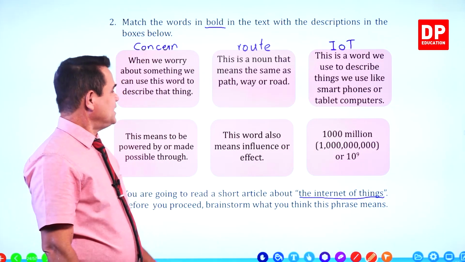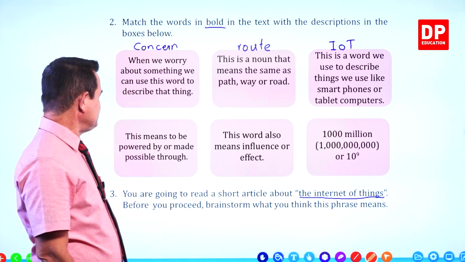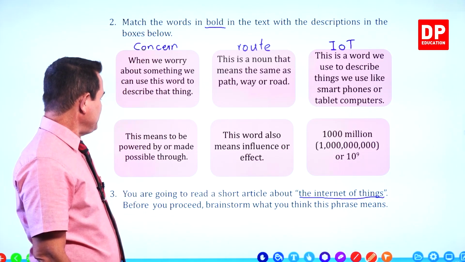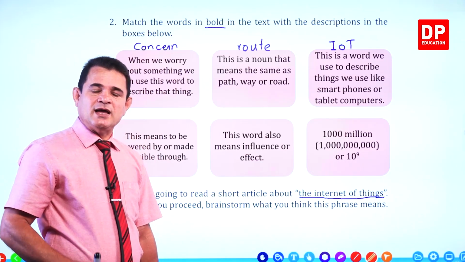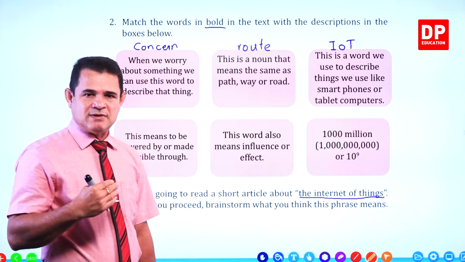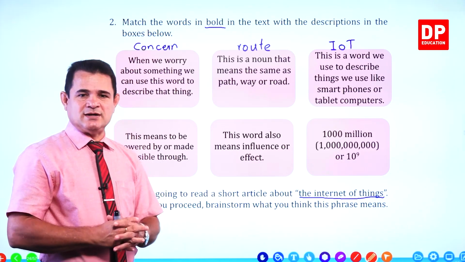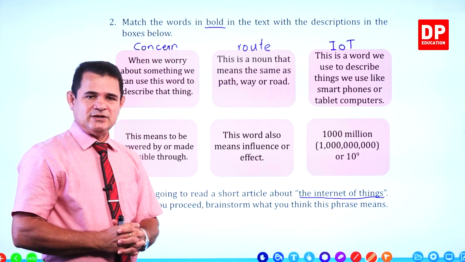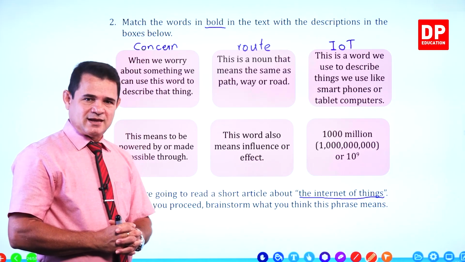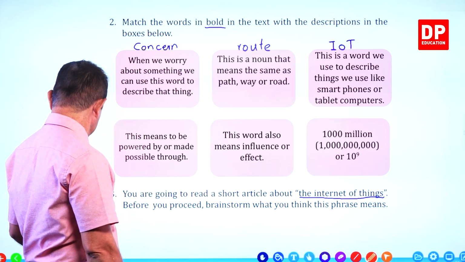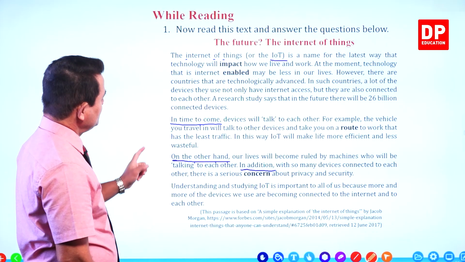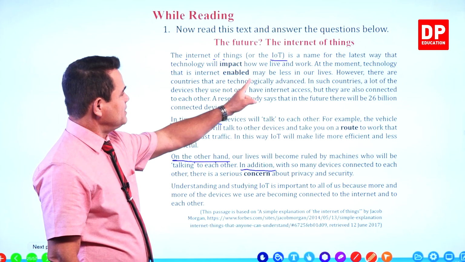Right? And next one, this means to be powered by or made possible through. හැකි කරනවා. යම් කිසි බලයක් නිසා යමක් පුළුවන් කරනවා. You can remember the words? Enable. Here. Enable.